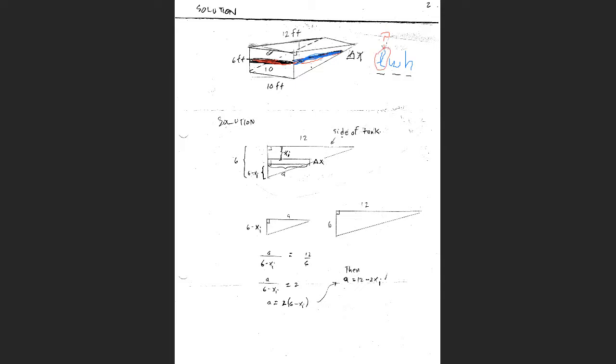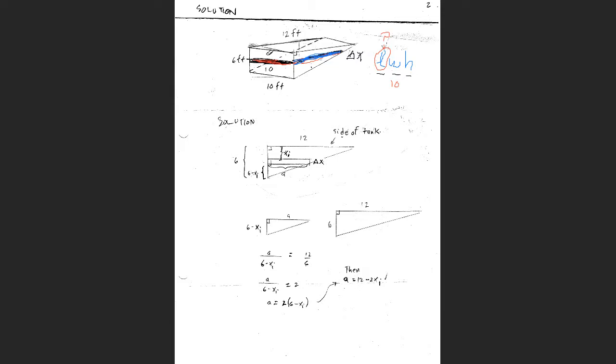But do we know the width? What's the width of the ith layer of water? 10. That's right. The width is 10. Good, Rodrigo. And what's the height? What's the height of the ith layer of water? Well, 6 is the height of the tank, but it's not the height of this.